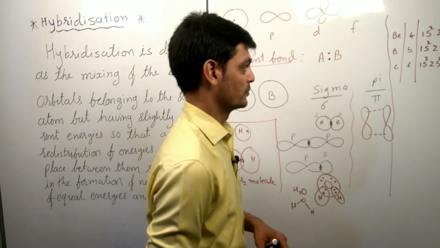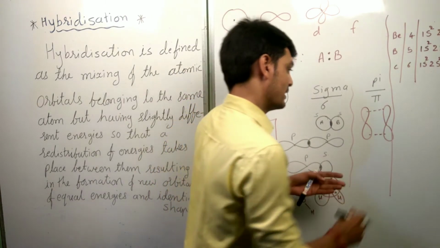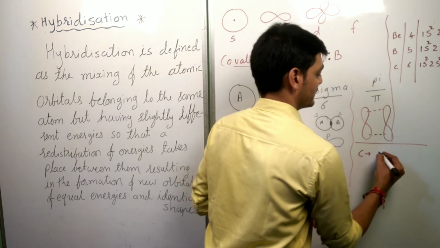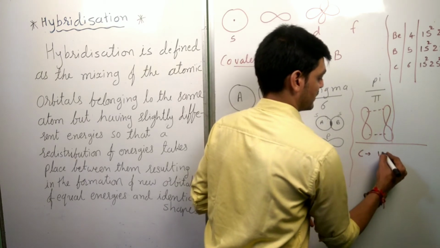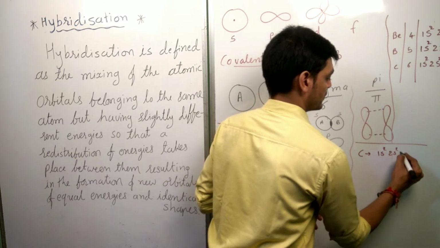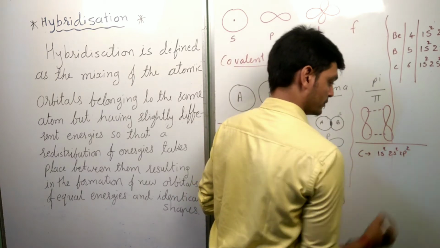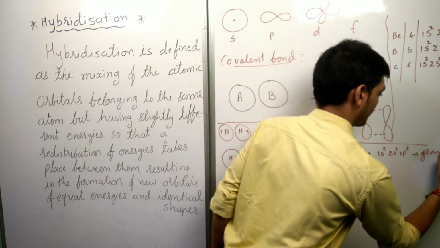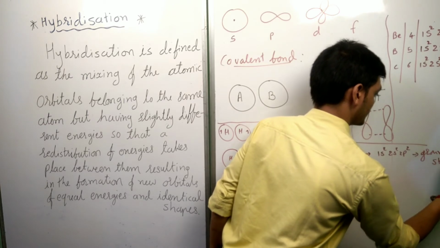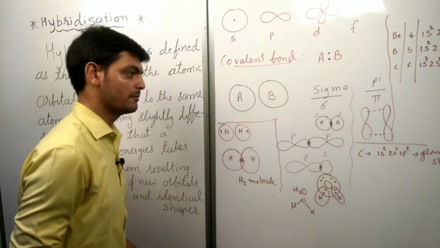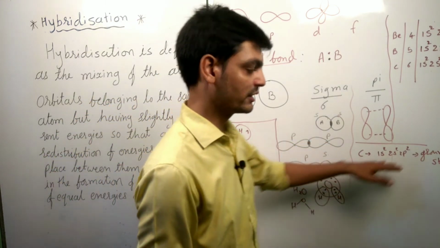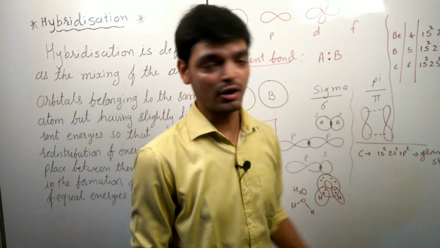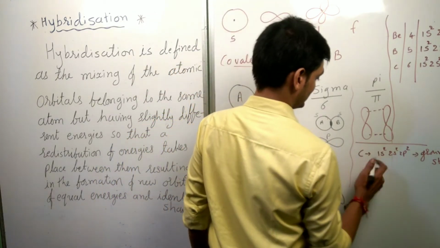So what happens? Let's take the example of carbon. Carbon's electronic configuration, its atomic number is 6, 1s2, 2s2, and 2p2. This electronic configuration is of the ground state, meaning when carbon is not forming any bond, this is the electronic configuration we can consider. But when carbon is forming a bond, we need to write it like this.